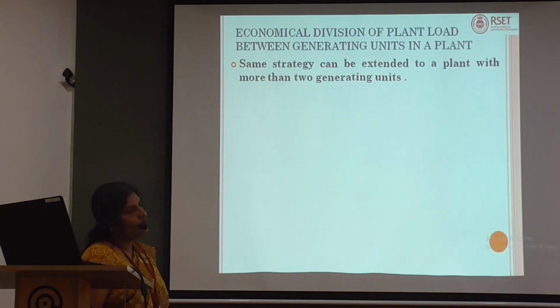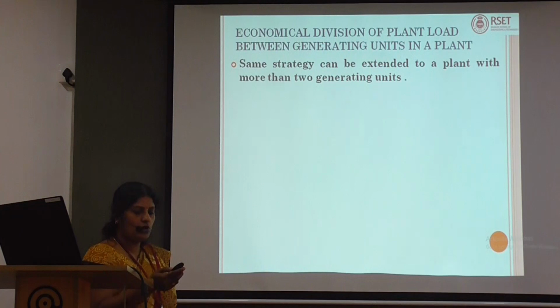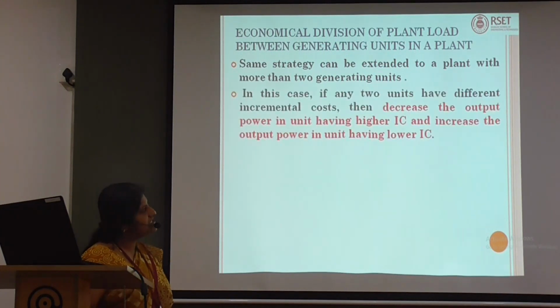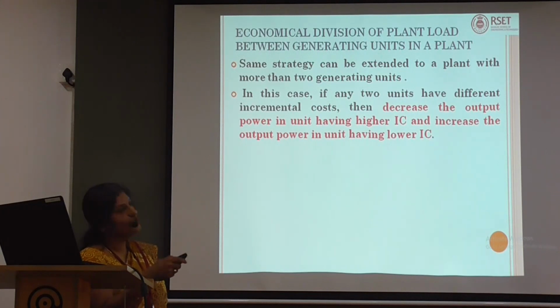The same strategy can also be extended to a plant which has more units. If I have two units, one has the higher incremental cost, the other the lower. Usually we decrease the power output of the unit that has the higher incremental cost, and we increase the power output of the unit which has the lower incremental cost.